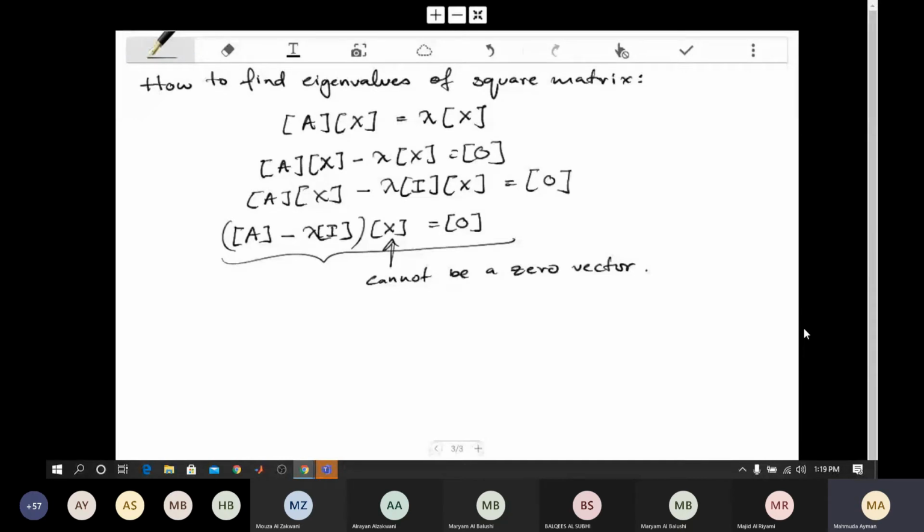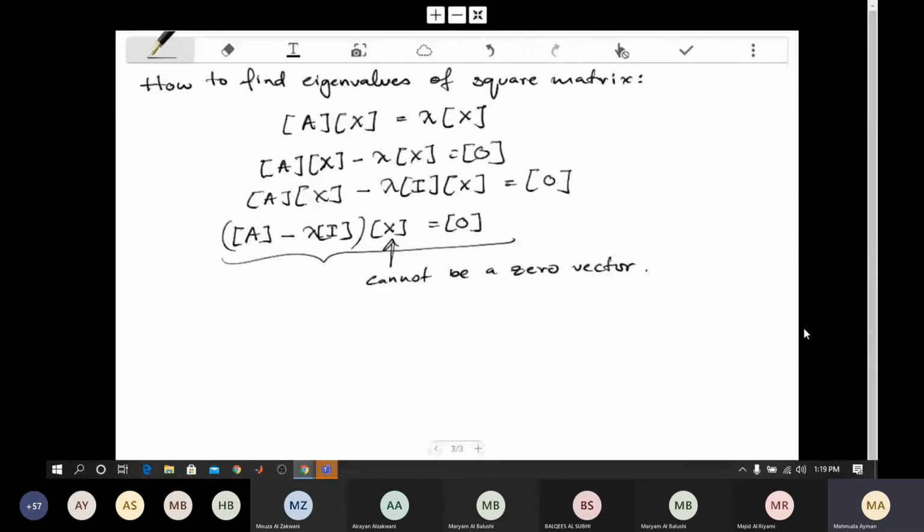So let's see what this means for A minus lambda I. So we know that if we want a non-zero solution to this, and x cannot be a 0 vector, then A minus lambda I cannot be invertible.